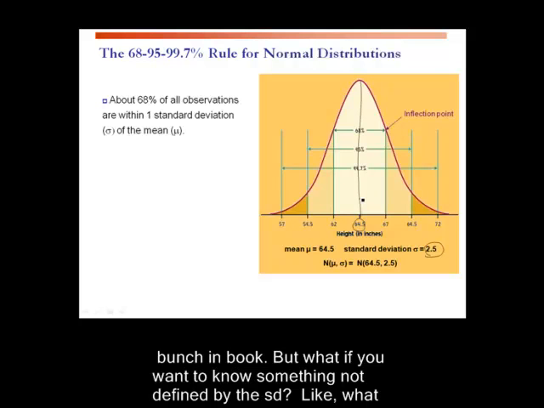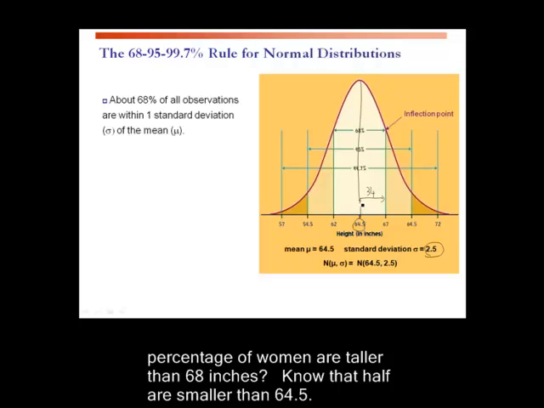So from here to here is how much? 34. Everybody agree that's 34? Everybody see that? Once you see that, then it's straightforward.